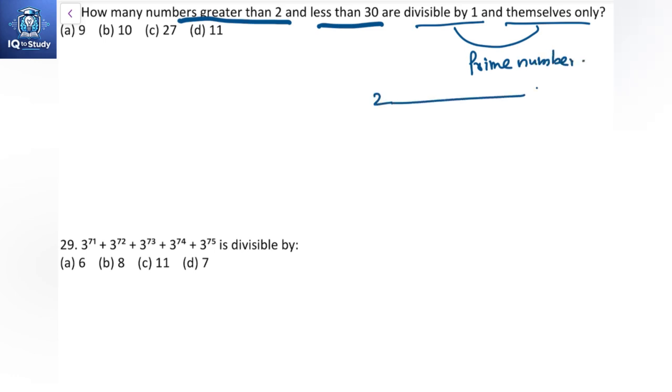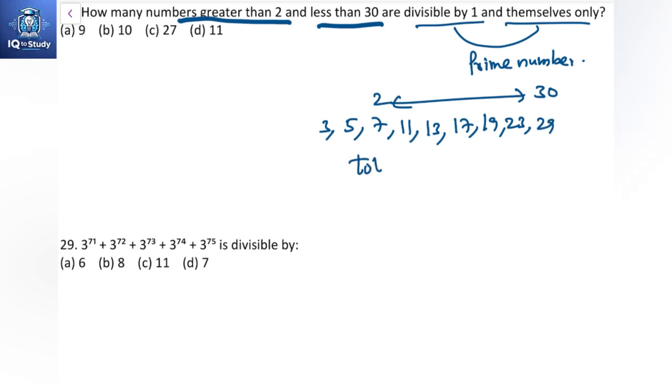Prime numbers between 2 and 30 are 3, 5, 7, 11, 13, 17, 19, 23 and 29. Total 9 numbers. Option A.